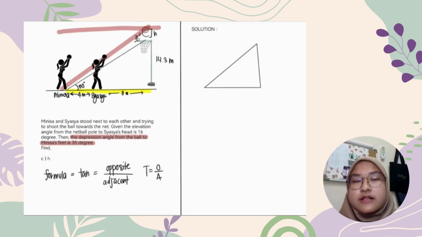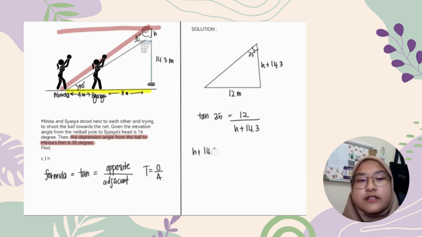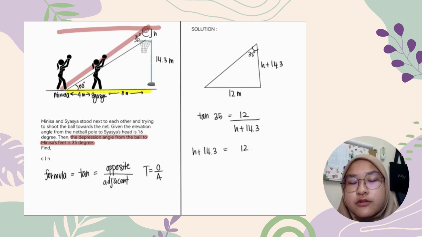For a better view, we can see in the diagram it forms a triangle. So I'm going to put 35 degrees there, and h plus 14.3, and 4 plus 8 equals 12. So we are going to replace the amounts in the formula. Tangent 35 degrees equals 12 over h plus 14.3.